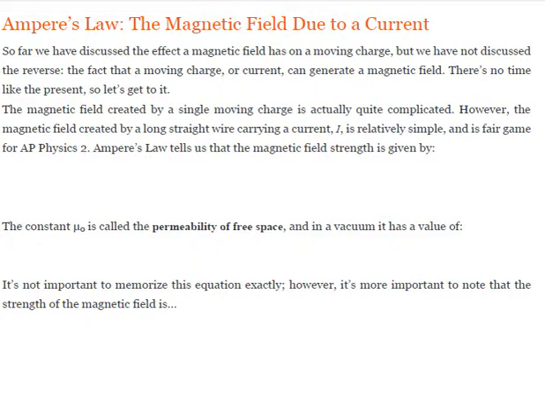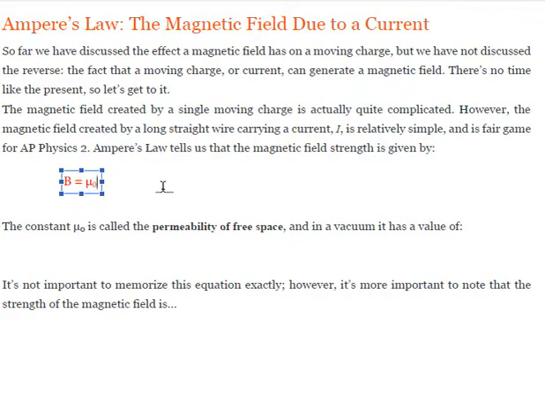So Ampere's law tells us that to figure out the magnetic field strength in this situation, we would have B equals this constant mu 0, and you'll see down below mu 0 is called the permeability of free space, and we'll get to that a little more in a second.